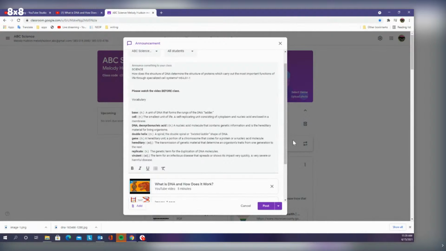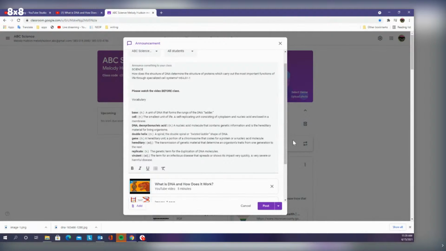Then we have a gene, and that is a hereditary unit, a portion of a chromosome that gives a code for a protein or a nucleic acid molecule. What does a gene determine? Well, for me, it determined that I would be short and have a gap tooth like other women in my mother's family. That's what's in my genes.